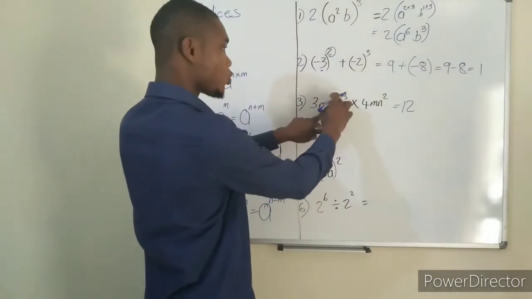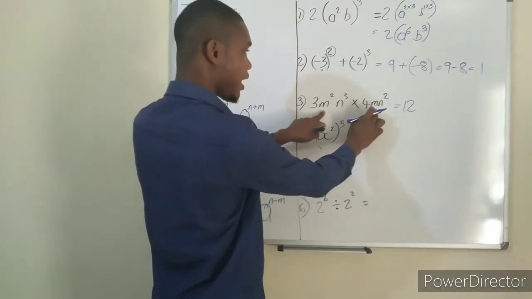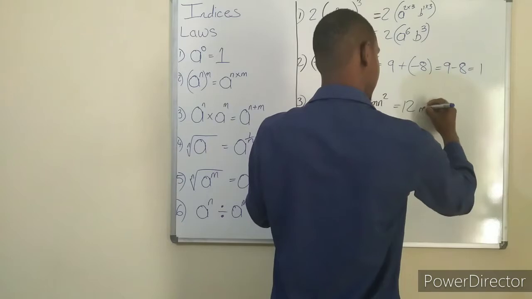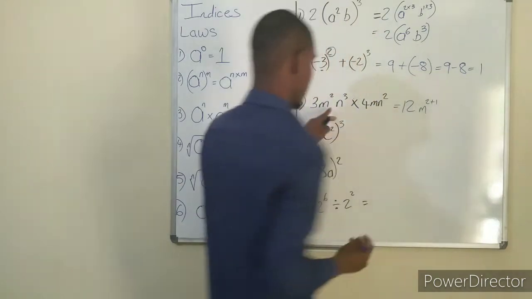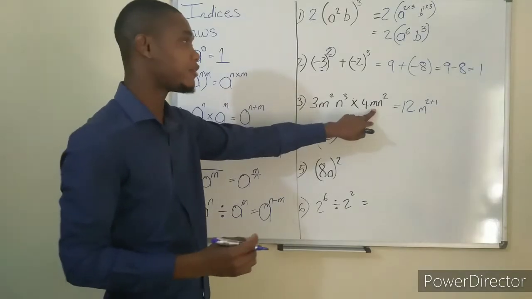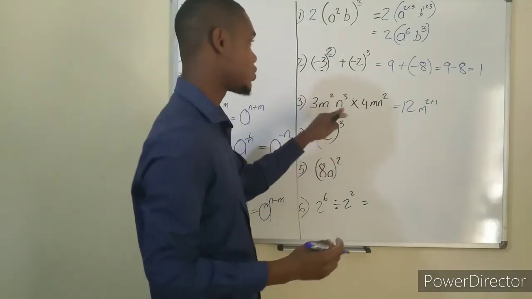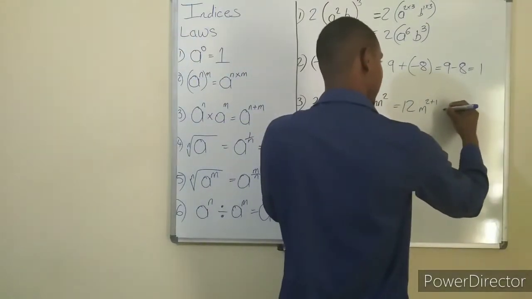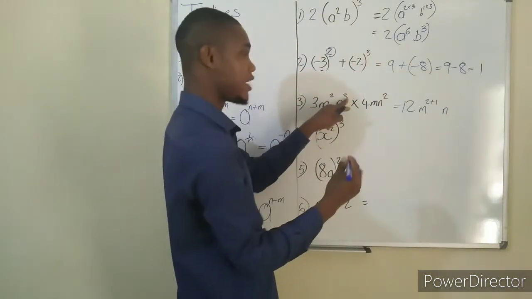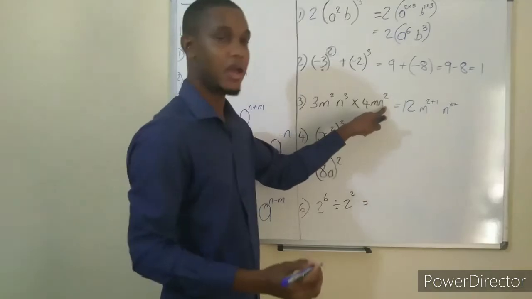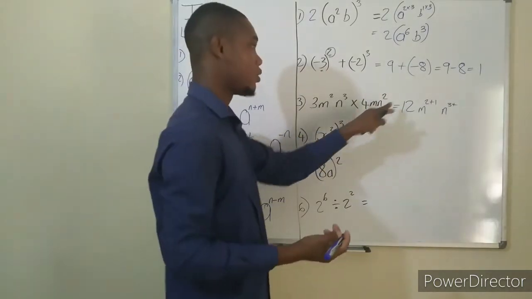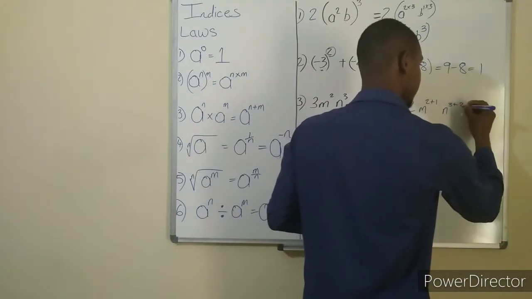Now m squared times m is basically saying m to the second power plus 1, because once you see a variable by itself, the power is always 1. And then you would have your n, this is n cubed, so you put your 3, plus n to the second power, which would be 2.